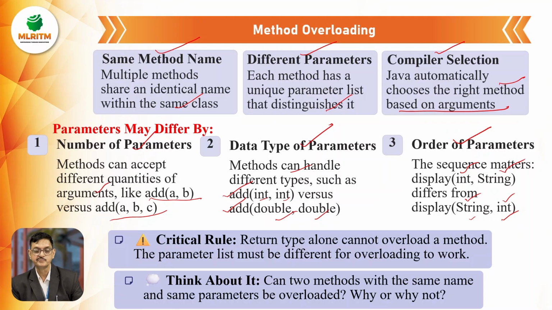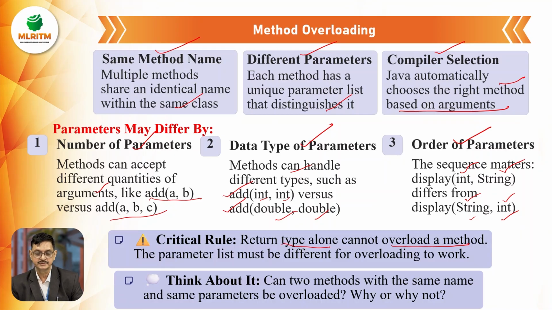So be careful. The critical rule is, every method, every functionality, whenever we are executing, we are expecting one result as return data type. So the return type alone cannot overload a method. The arguments must differ either by the number of parameters, or type of the parameters, or order of the parameters.